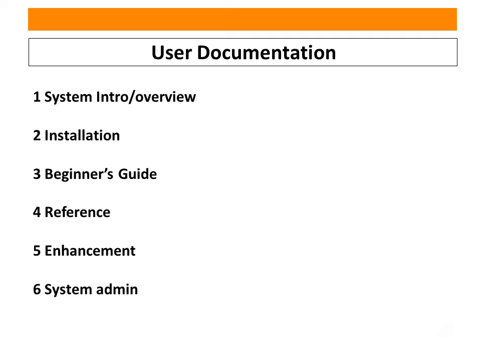So here is user documentation, which is a part of product documentation, and it covers system introduction, or we can say system overview, and installation, beginner's guide, references, and to what extent the enhancement of system introduction and what requirements would be enhanced, and system administration, and whatever the factors or sub-features of these factors are.